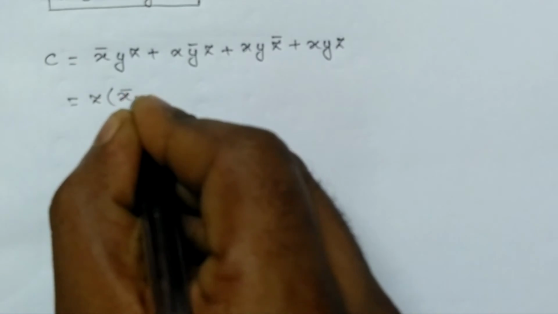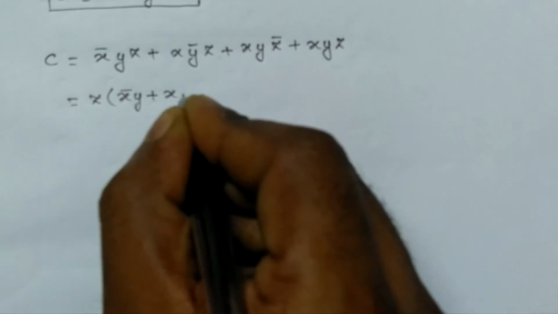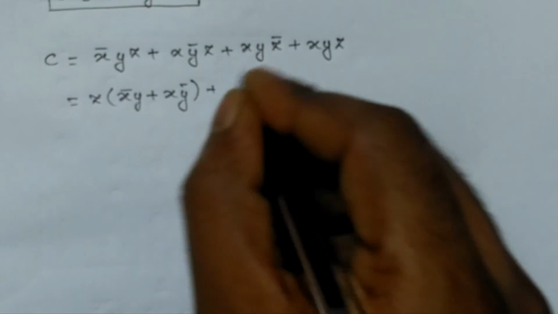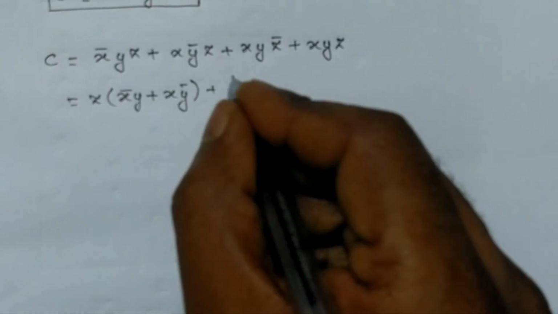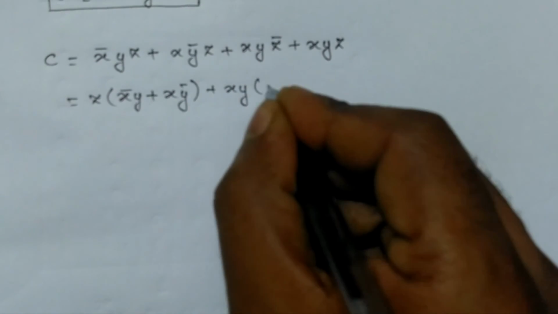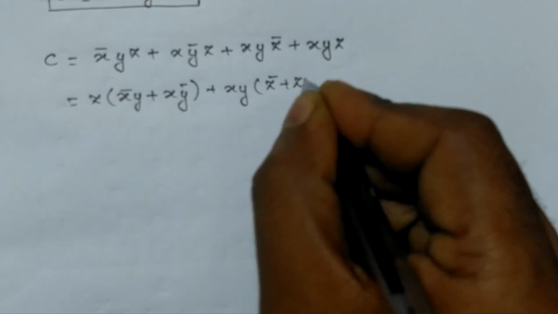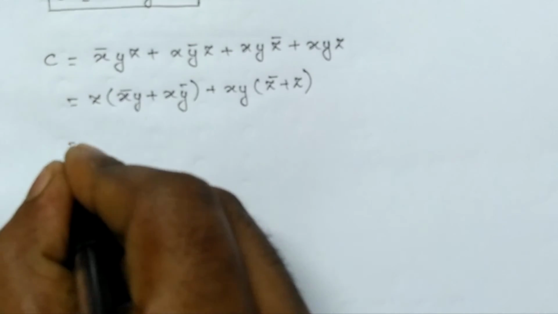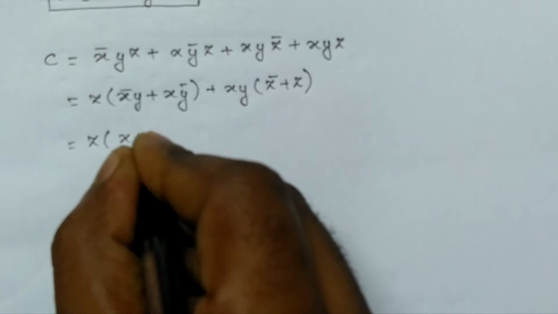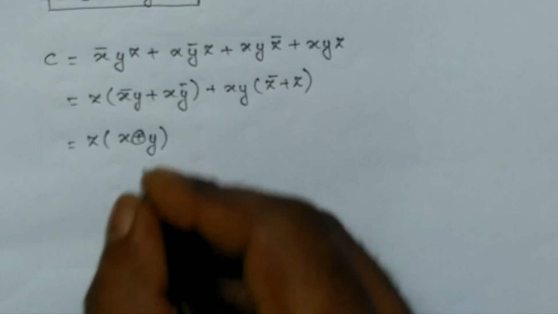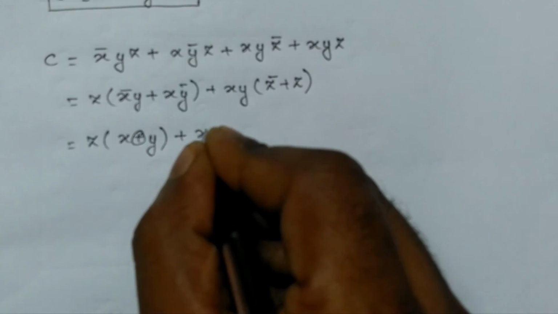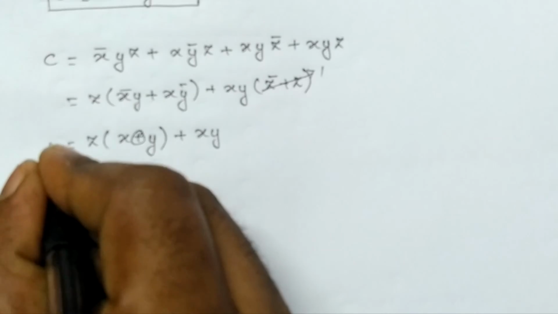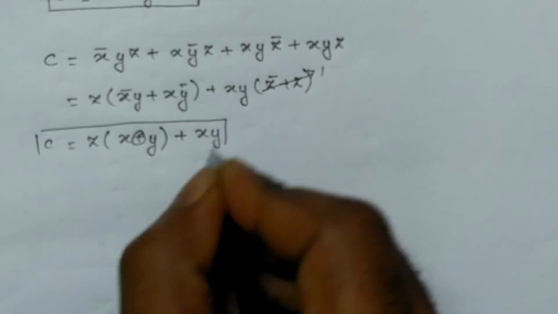Therefore I will get x bar y plus x y bar, plus, here between these two I am taking xy as common outside. Therefore z bar plus z. Which is of the form XOR operation. Therefore here z into x XOR y plus xy, here this value will be equal to 1. Okay, this is the expression for carry.